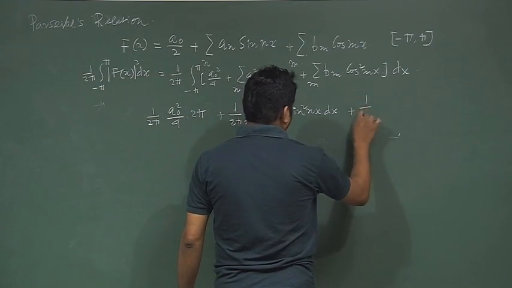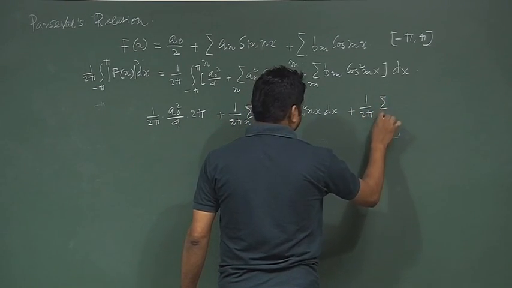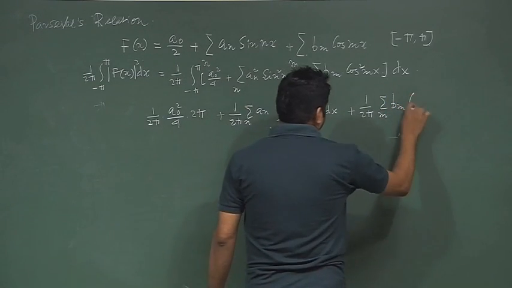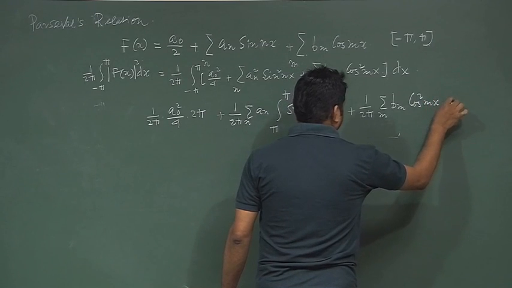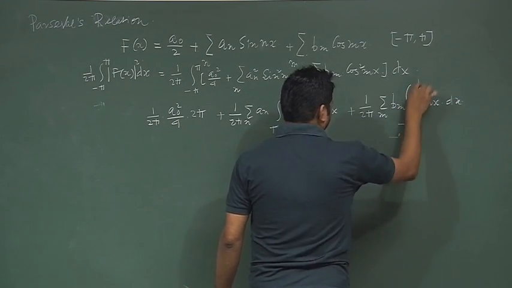Plus 1 by 2 pi into summation over m of b m square, integral of cos square mx dx with the integration minus pi to pi.